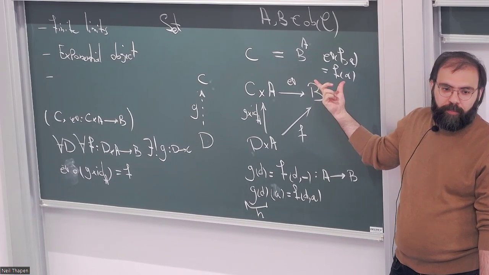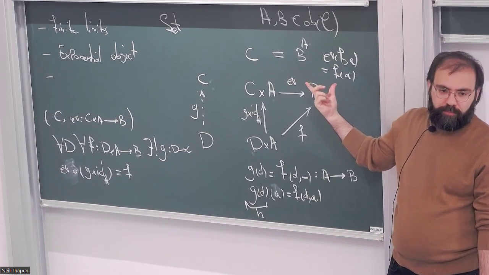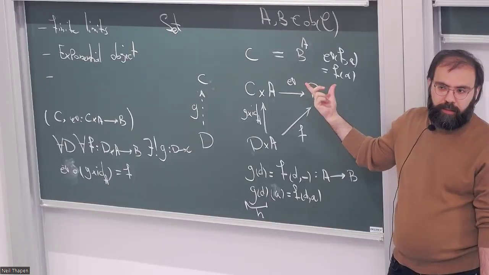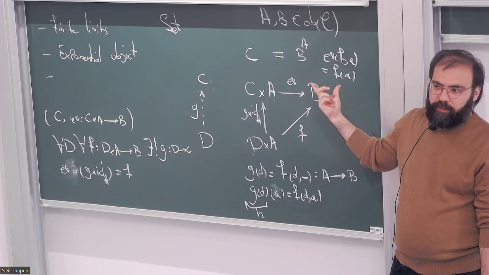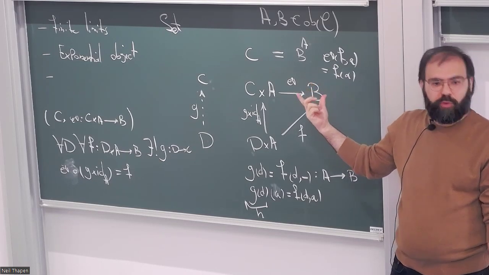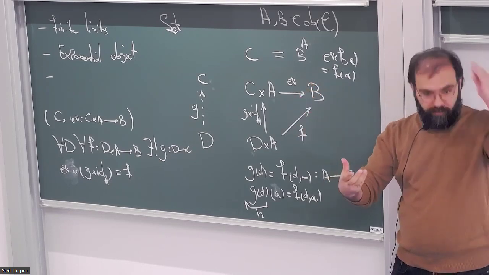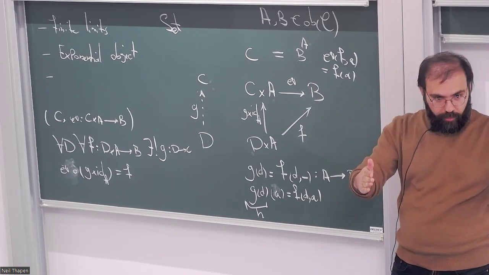It's not just an object, it's an object and a map. So when you say object, is that an informal or formal meaning? It is informal, right? Like the product: we say the product of two guys, but it is not really one object. It is one object with two projections.